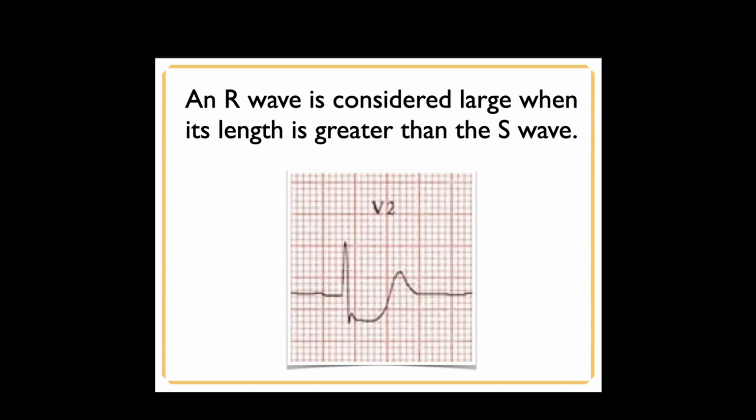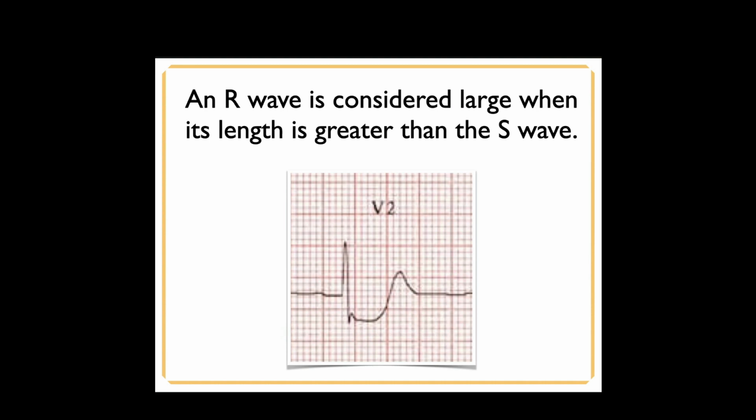Again, that being said, what is important here is that ST depression in V1, V2, possibly V3, V4, by itself, without a large R wave, without an upright T, is enough, with an inferior STEMI, to suspect a posterior.